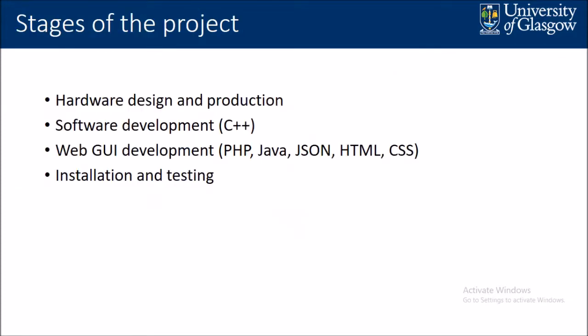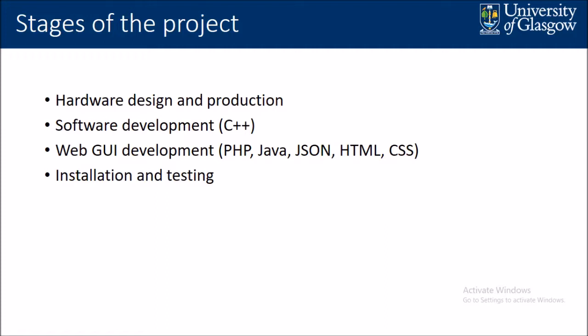The development of the project can be divided into four main stages, which you can see on this slide. Also, all members of the group have been actively involved in the process. Different people were allocated specific tasks.